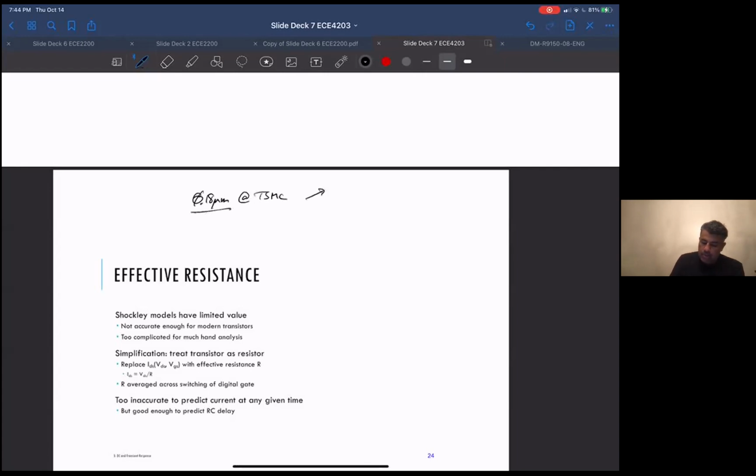You're going to end up with a value of R sub n, this would be the NMOS, what you'd call effective resistance, effective for doing this delay estimate. And a C sub n is the NMOS effective capacitance.